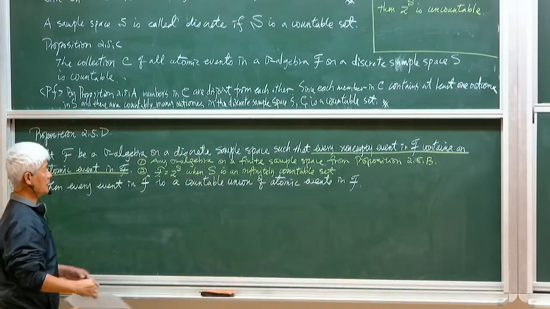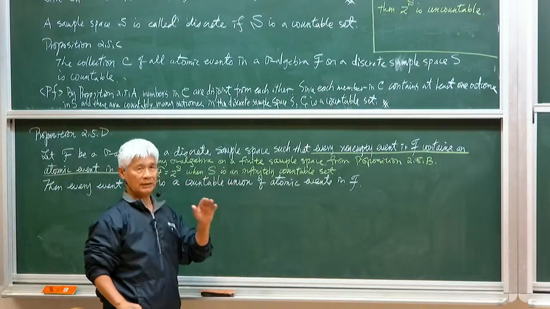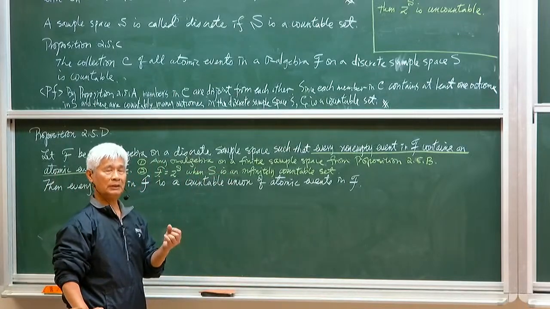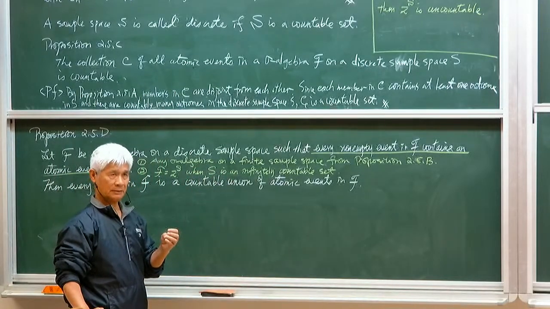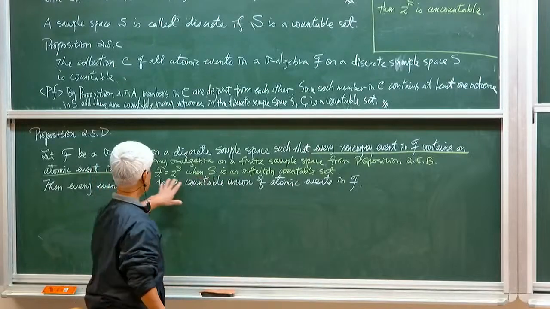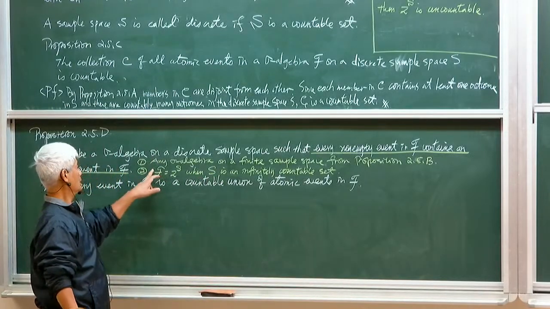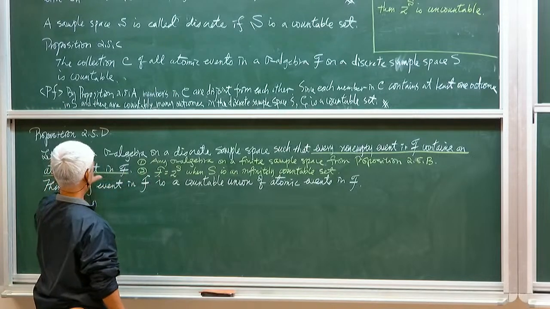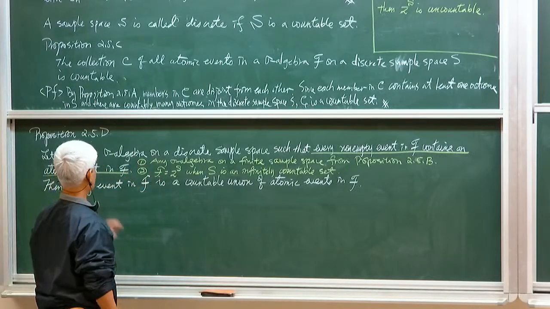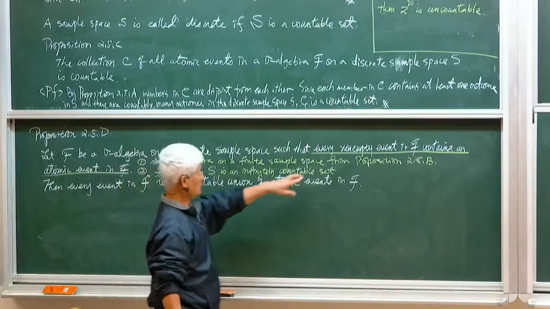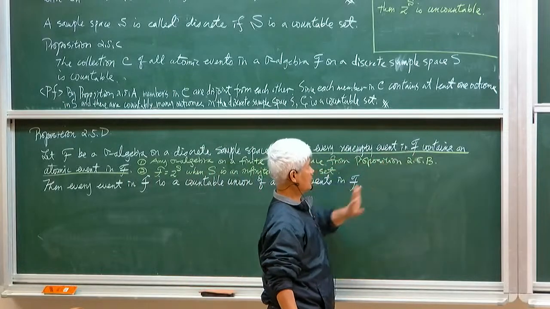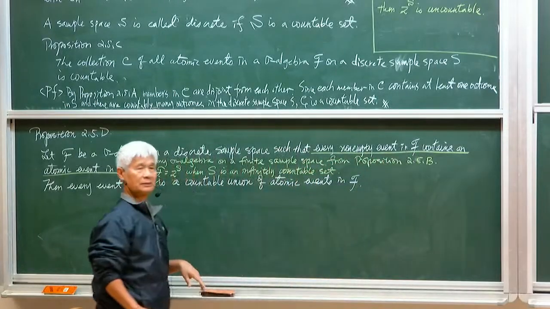So if X is an infinitely countable subspace, and we select the sigma algebra to be the power set of X, then of course for such a sigma algebra, every non-empty event in F contains an atomic event. Why?